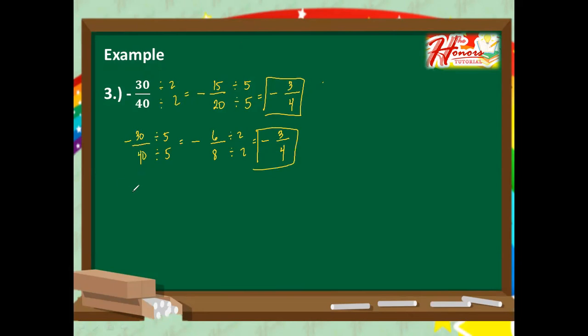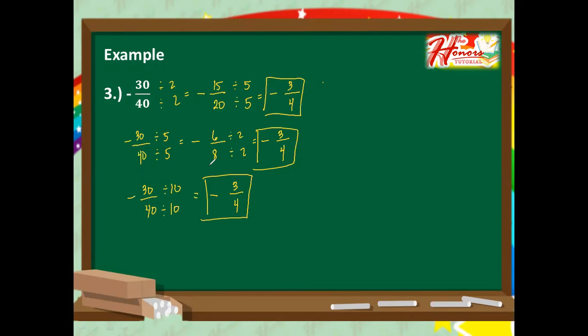How about 10? So we have here negative 30 over 40 divided by 10. Copy the negative sign. 30 divided by 10, that's 3. 40 divided by 10, that's 4. And we arrive at the final answer easily.